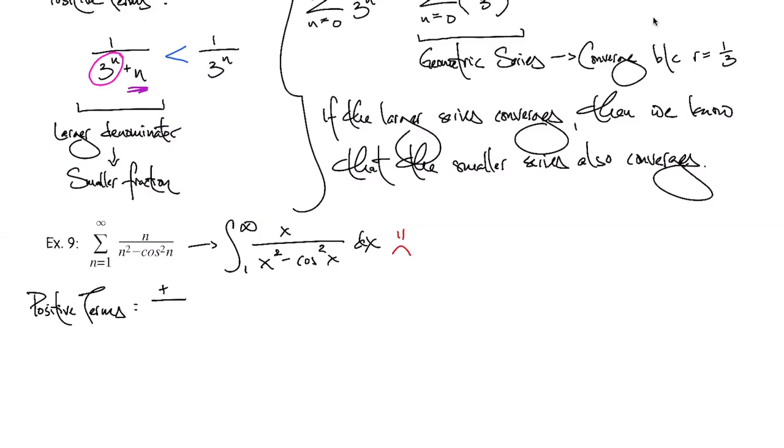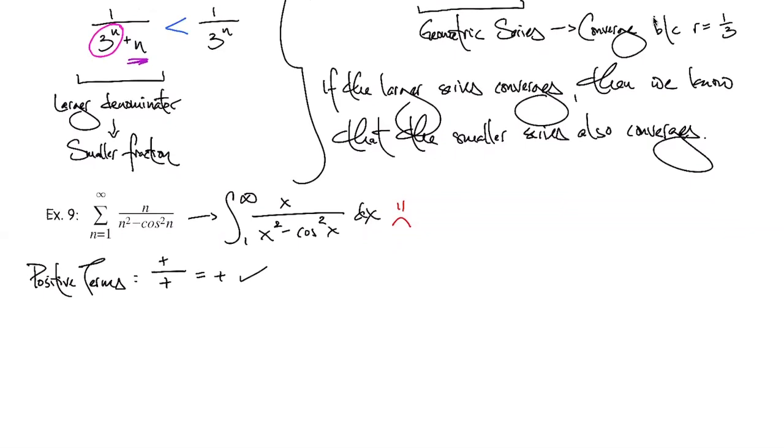Okay, but what about the signs? Is it positive? Is it negative? All positive, because I have a positive number squared, and then what's the biggest that cosine can be? 1. It could be 1, and that can't be any bigger than that. So the smallest that it can be is 0, but every other term is going to be positive, all right? So we're good with the positive term.